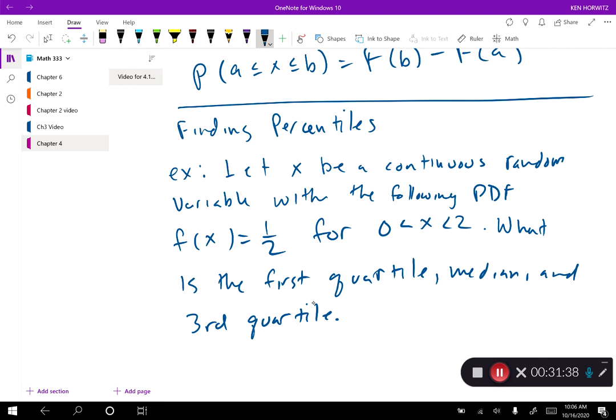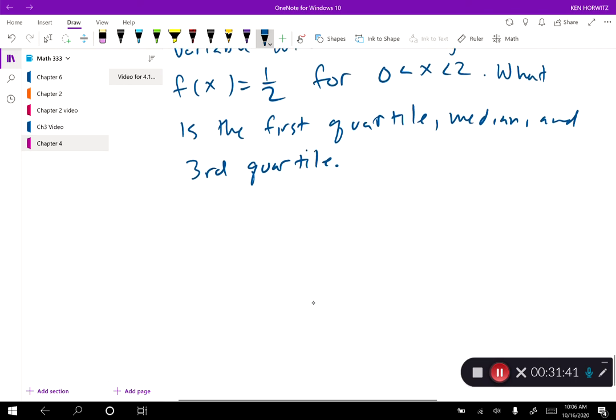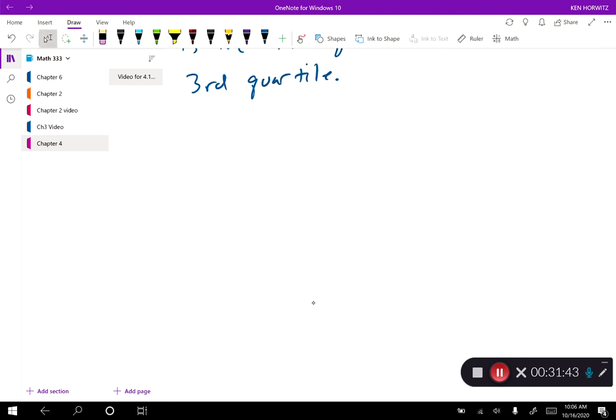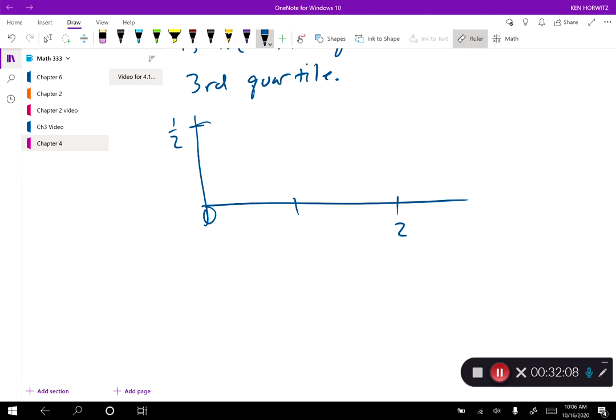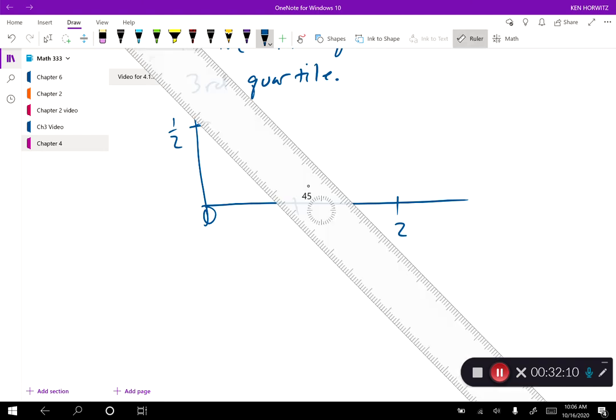All right, so now there's a couple of different ways we can show this. We can show it via a graph. So if I create a very small graph, there's 0, there's 1, there's 2, and I'm going to go up, I'm going to call that 1/2, right? And our PDF is a uniform function. So I'm going to try to make a nice straight line for you.